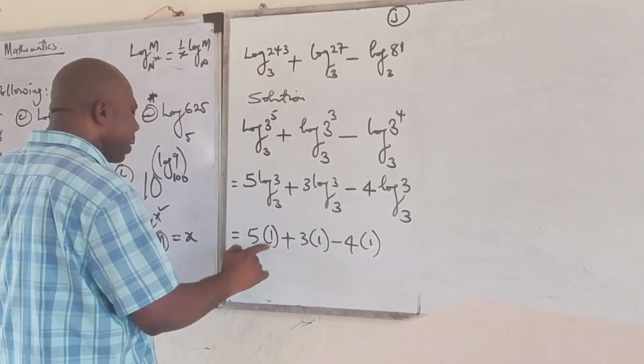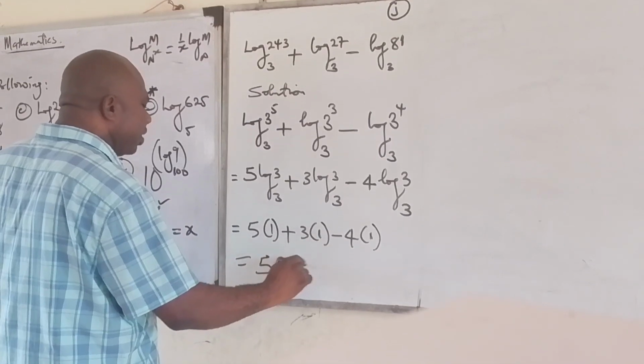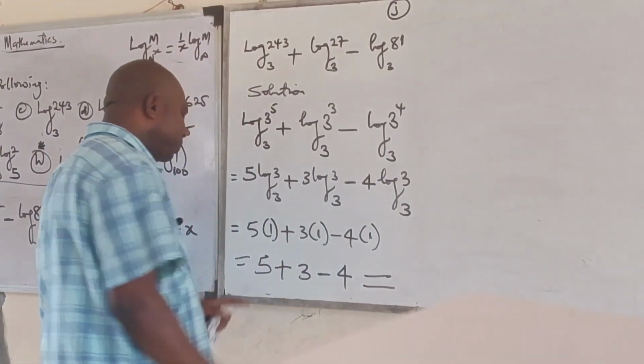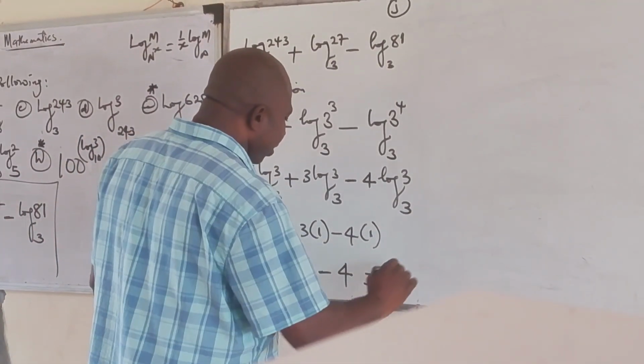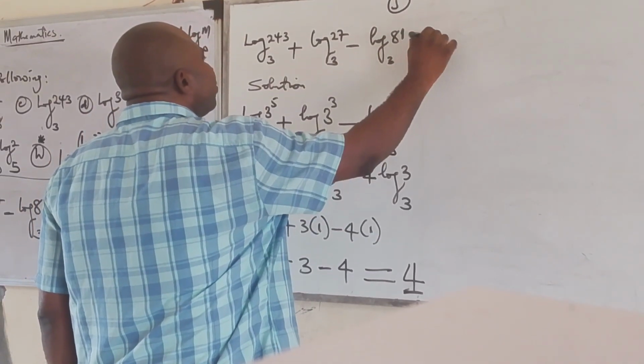So 5 times 1 is 5, plus 3 times 1 is 3, minus 4. 5 plus 3 is 8, and 8 minus 4 is 4. So the whole of this is equal to 4.